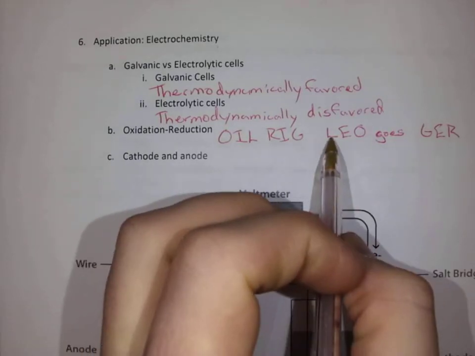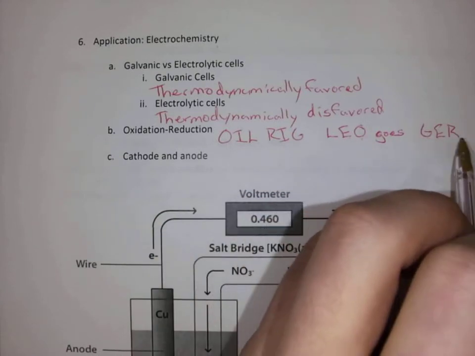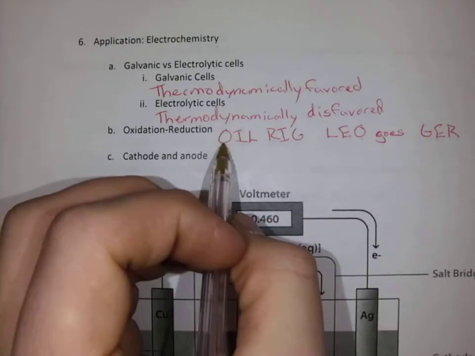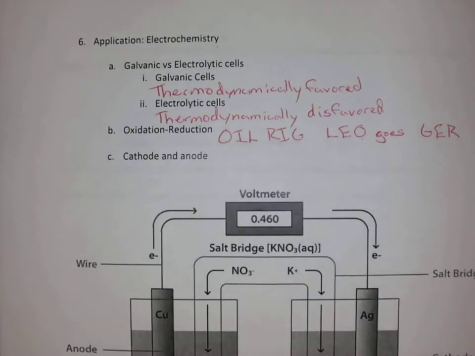If we are losing electrons, that's an oxidation. If we are gaining electrons, it's a reduction. Oxidation is losing, reduction is gaining. Either way, that helps us identify what's happening with our oxidation or reduction reactions, okay?